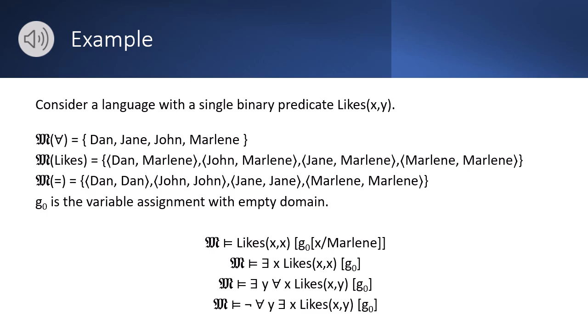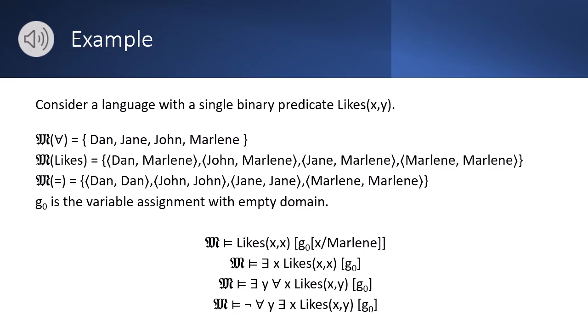And the reason this is true is that when we look back at the interpretation of the likes predicate, this M of likes, that ordered pair Marlene, Marlene is there. And so if we were to replace x with Marlene, we would get back something that is in this domain.